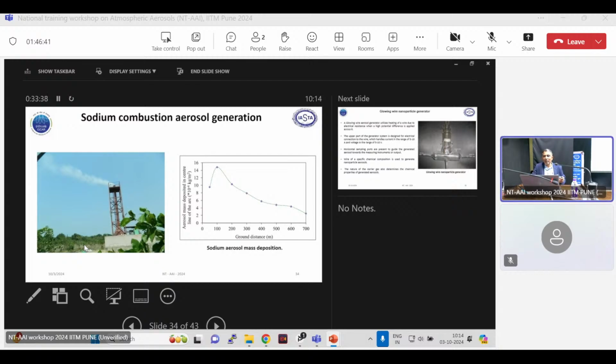So for going from the lab to the atmosphere, each time we have to think about a different aerosol generation method, because whatever is standard in the market will not be useful for our application. So we need to self-design based on our requirement and do the work.